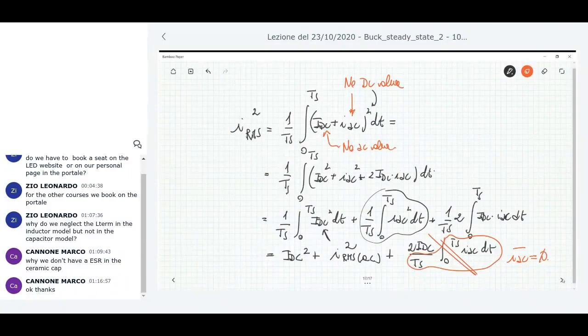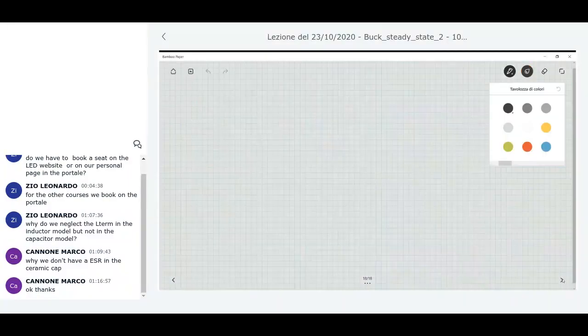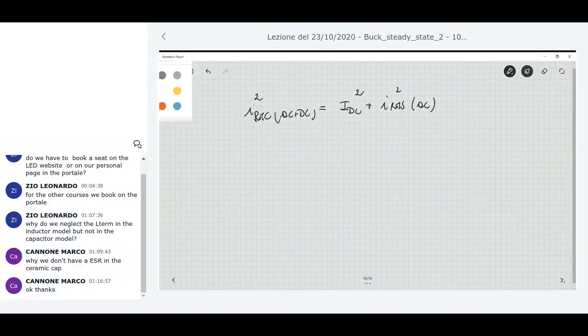So as a result, I have that the root mean square value of the current, which has both AC and DC contribution, is the summation of the square of the DC contribution plus the root mean square value of just the AC contribution.